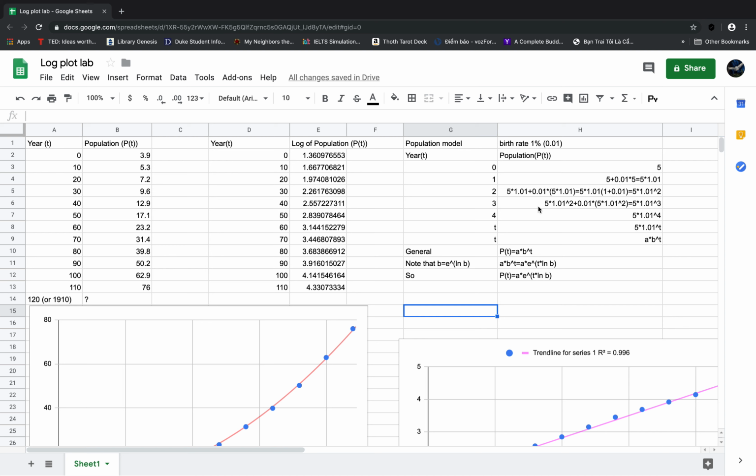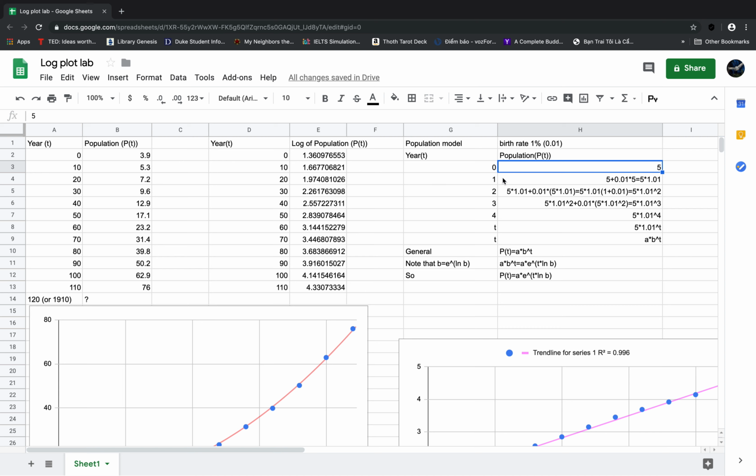So suppose now we have a toy example of an observed population of, say, a city at the observed year, which is year 0. We have 5 million. And the birth rate, or the increasing rate, is 1% every year.